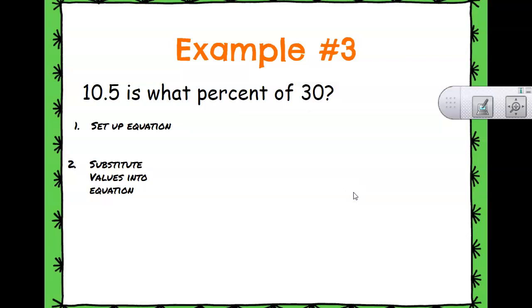So here in our first example, example 3, I'm asking what 10.5 is, what percent of 30? So we are still going to be using that setup of the equation, part equals percent times whole. But what's different this time is that we don't have the percent. We have the part and the whole. So I'm going to start with first finding the part.